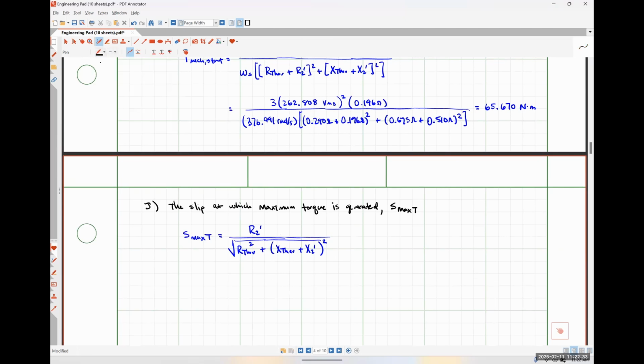If I plug in my numbers here, going with things as they are, that would be 0.196 ohms divided by the square root of 0.290 ohms squared plus X Thev, which was just X1, 0.675, thank you for that, and then X2 prime is 0.510.